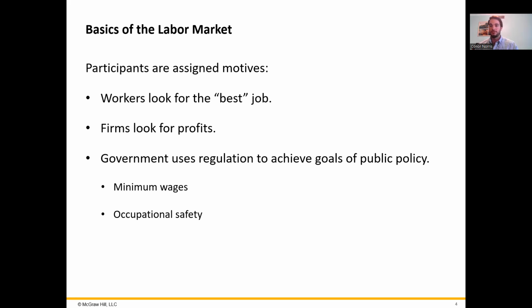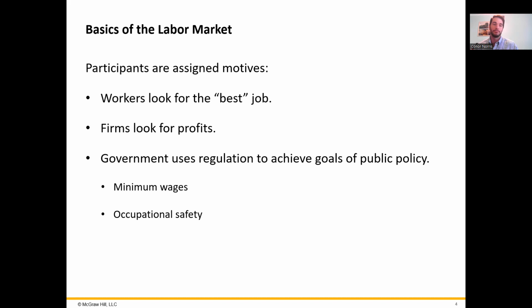Now, of course, government gets involved, and they typically do so through regulations, which change how workers and firms relate to one another. The goal is to make things better, the labor market function more efficiently, or to protect consumers, or to protect workers. It may not always be true in practice. As we'll talk about later, there's costs and benefits to every sort of regulation, every law or government action.